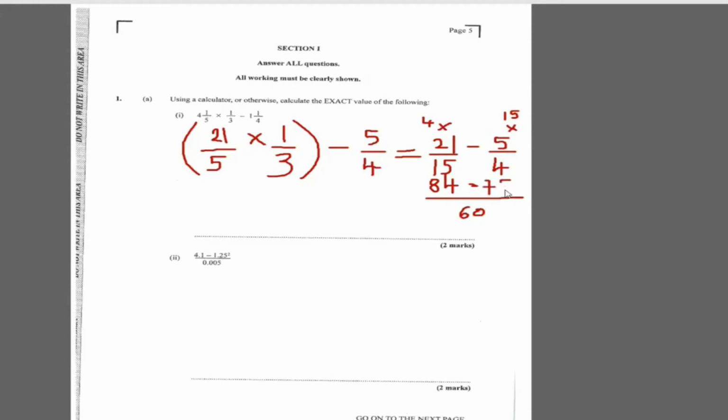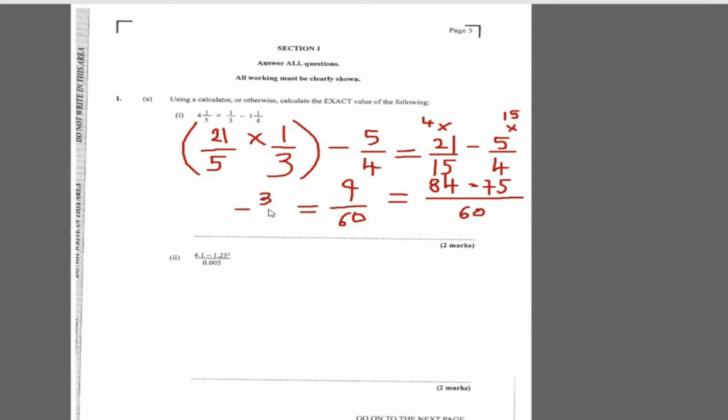Then 84 minus 75 is 9. So the final answer that we're getting is 9/60. It did not say the answer in its lowest terms, but you could simplify if you want to. I can simplify 9/60, let's check in the calculator, to be 3/20.